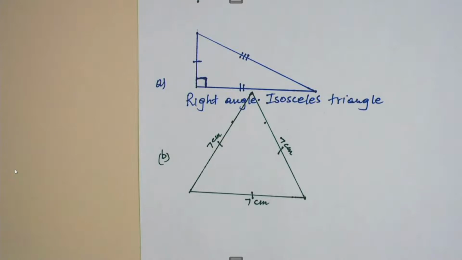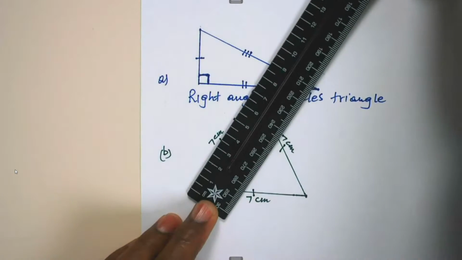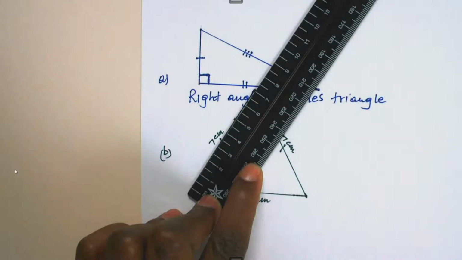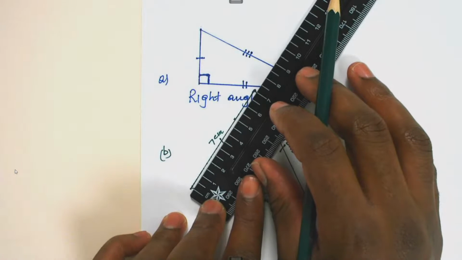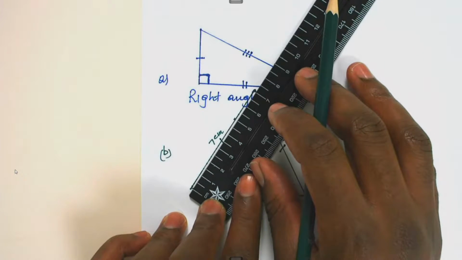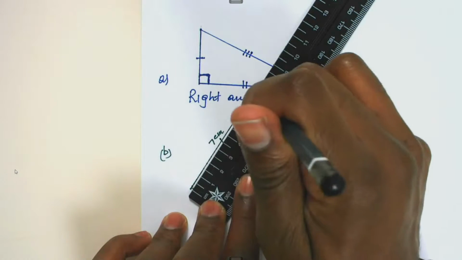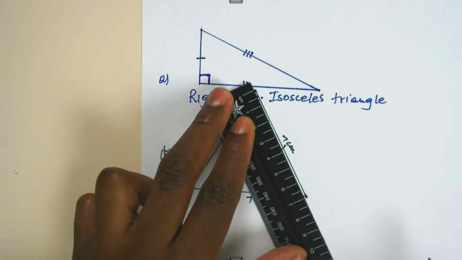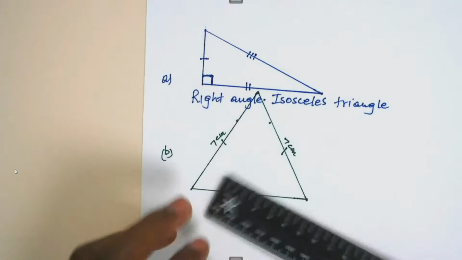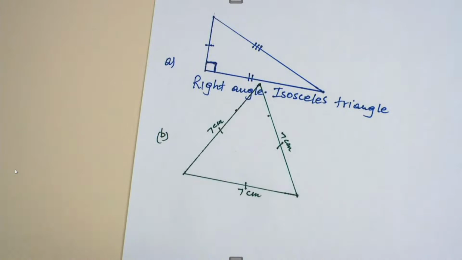Then we can just verify it by measuring from here to here. From here, let me just put my ruler this side so that you can see this line. From here to here, it is 7 centimeters. From here to here, it is also 7 centimeters. From here to there, it is also 7 centimeters.